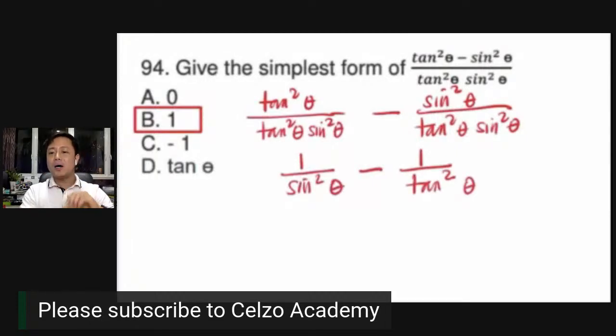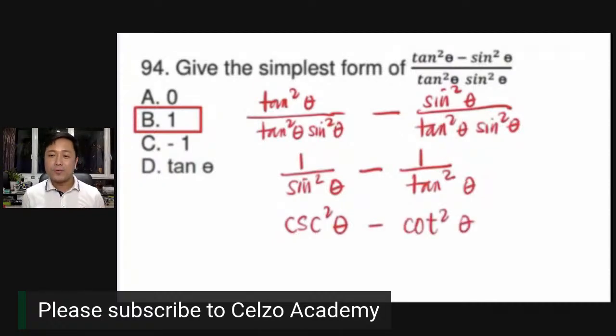And of course, 1 over sine square is the reciprocal of sine, so we have cosecant square theta. And the reciprocal of tangent is cotangent. So the second one will be cotangent square, and of course that is equal to 1.